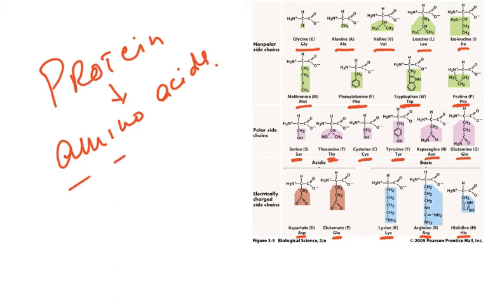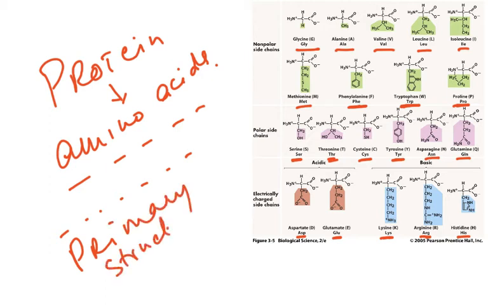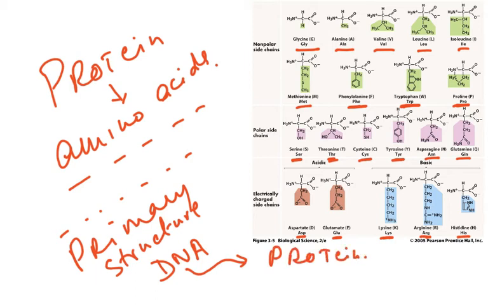So what we need to understand is that the number and the sequence of amino acids is the primary structure of a protein. So the primary structure is dictated by the DNA. Now how the DNA results in the formation of a protein is what we need to understand. So please pause this page and just go through these names once again, and then we will proceed on to protein synthesis.